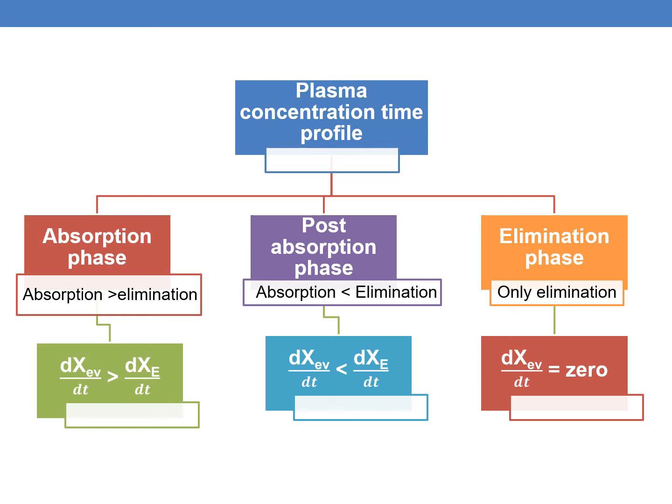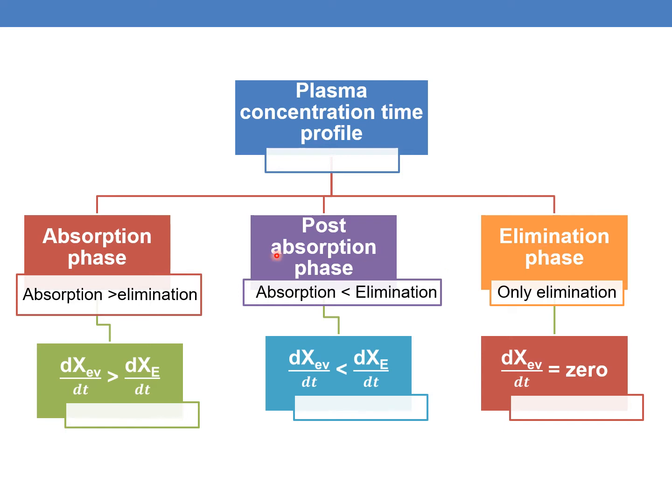The next term is the plasma concentration time profile. For a drug that follows one compartment kinetics, the plasma concentration time profile is characterized by three phases: absorption phase, post-absorption phase, and elimination phase.